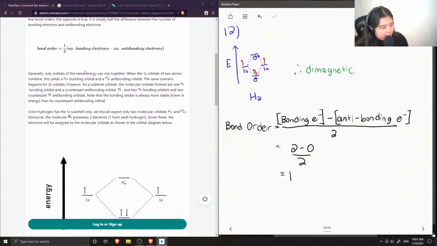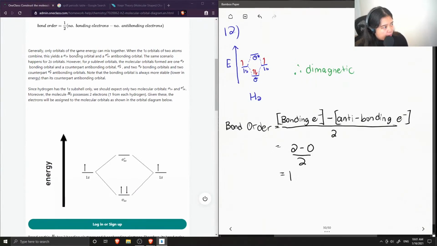Okay, so they have their equation for bond order. And generally, only orbitals of the same energy can mix together. When the 1s orbitals of two atoms combine, this yields a sigma bonding orbital and a sigma star antibonding orbital. Same scenario happens for two s orbitals.